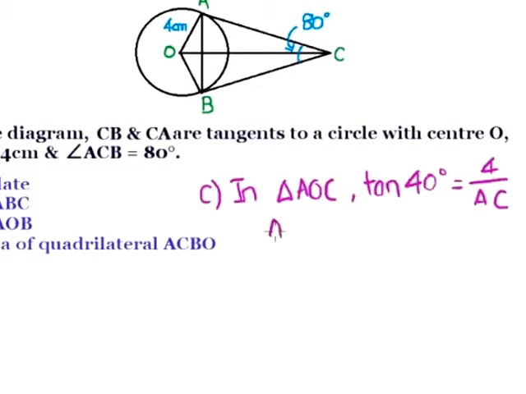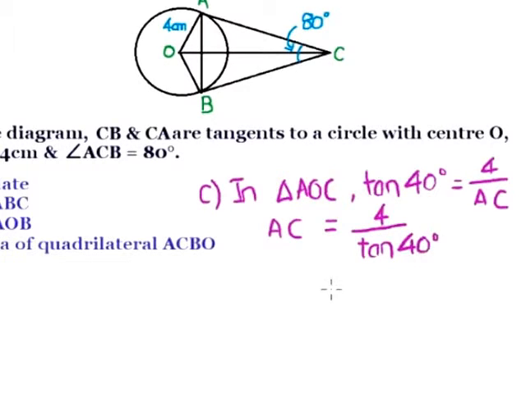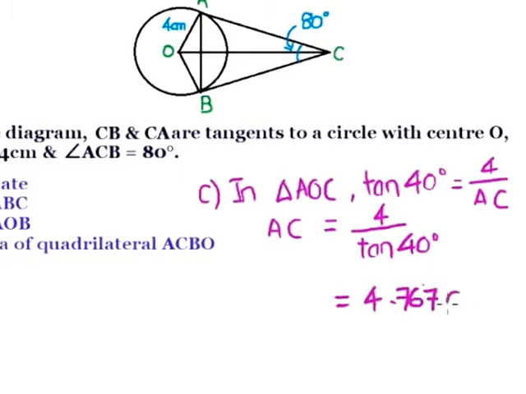Thus, AC is equal to 4 over tan 40. And the answer would be 4.767 cm.